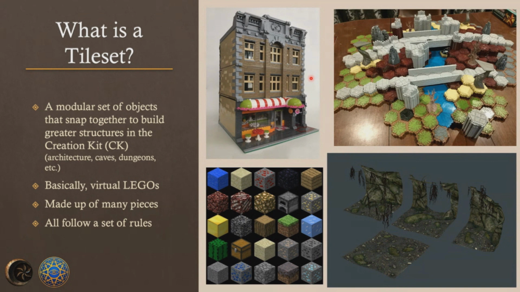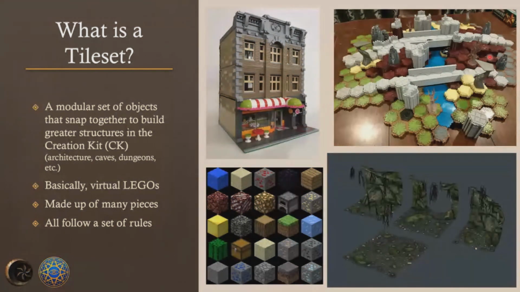Every single Lego piece is basically a piece of a tile, so your tile set in this case would be the building or whatever. Same with Minecraft. At its core, the entire game is just one big tile set sandbox. Every single tile set piece, however, is just 64 by 64 pixel cubes. That's as simple as it gets. If you want to think about tile sets in the simplest form, Minecraft is it.